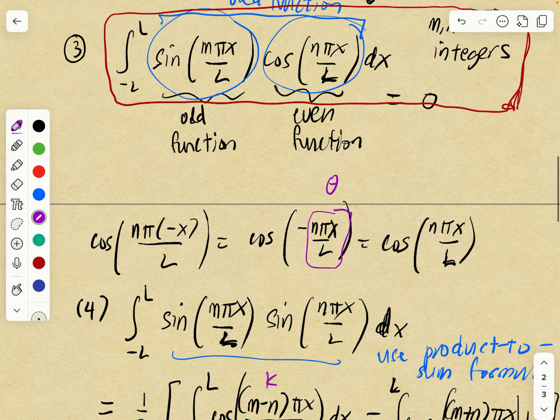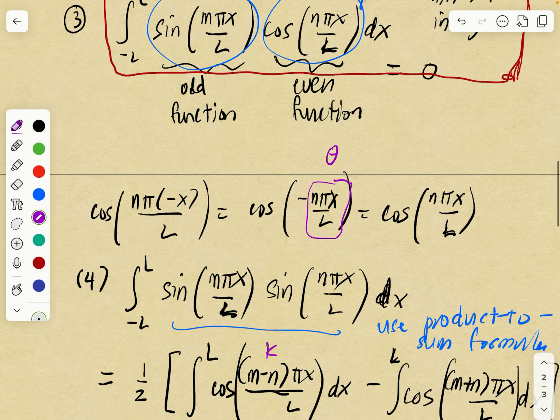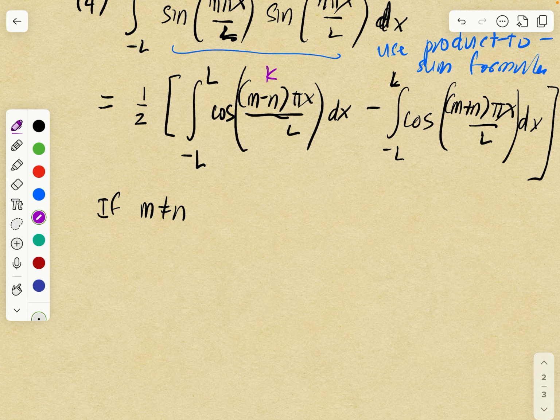We went over the fact that if k is not 0, then this integral is just 0. Similarly on the right, if you take k to be m plus n, then you get 0. And m and n, again, are positive integers. So if m is not equal to n, this whole integral is 0.